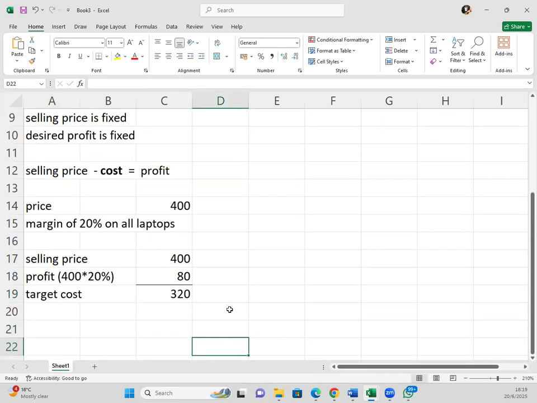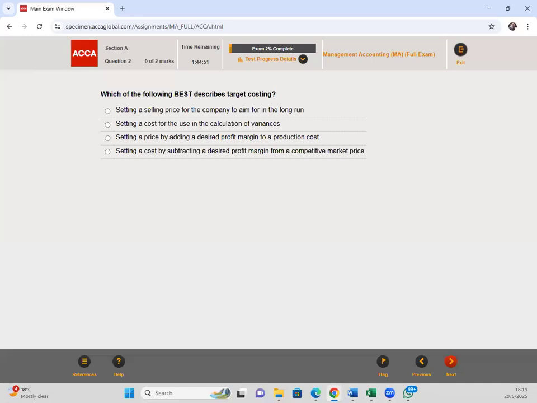Now, with that in mind, let's go and look at the question, then you help me out. The question is saying, which of the following best describes target costing? So which condition do we find in target costing?